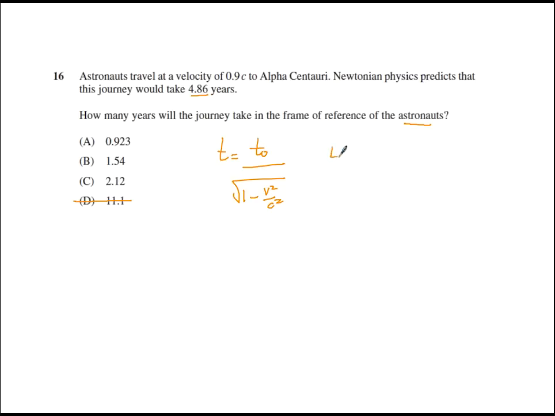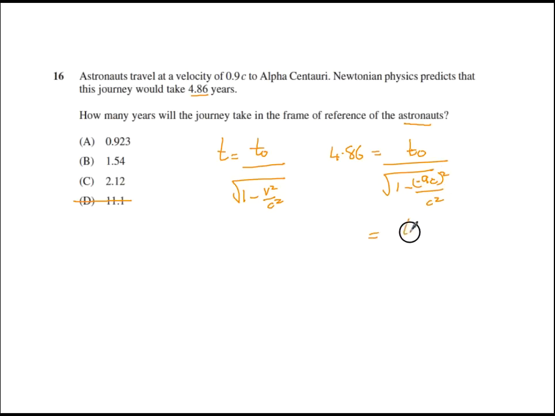So we know that this is 4.86 years, and we know that this is t₀, which is what we're looking for. And then we've got the square root of 1 minus v squared over c squared. Now v is 0.9c, so I've got (0.9c)² over c².